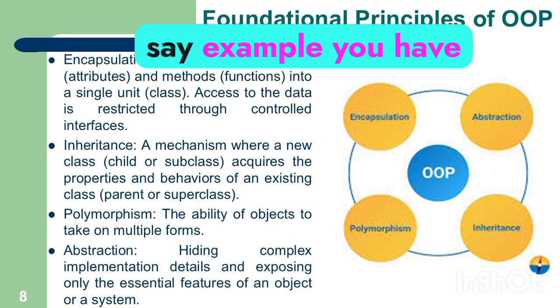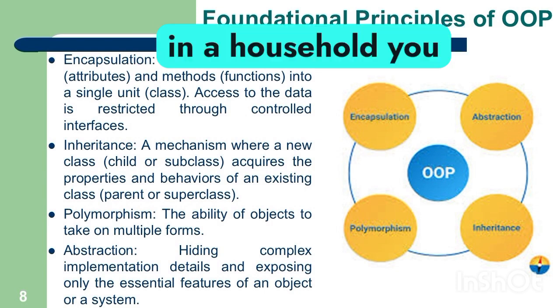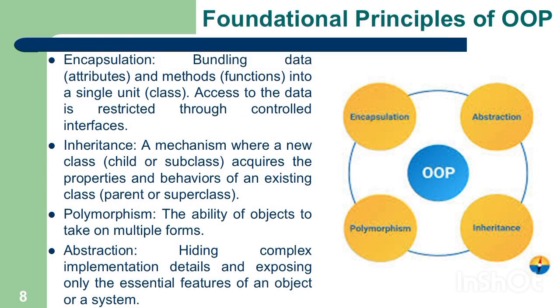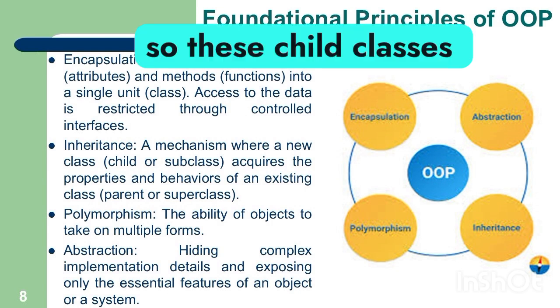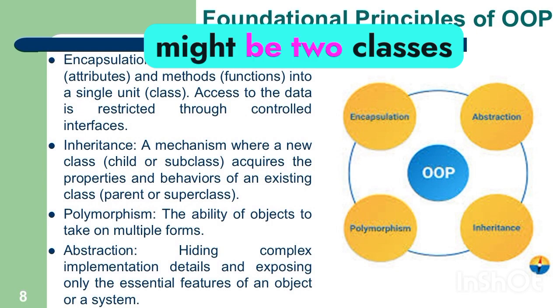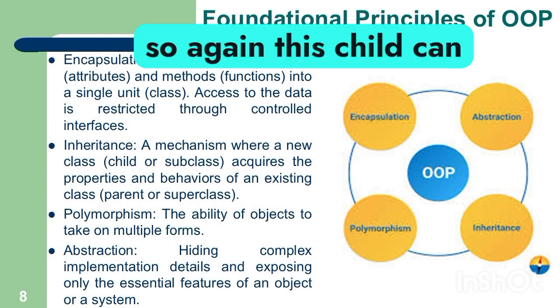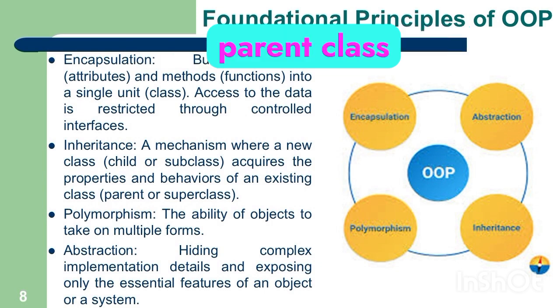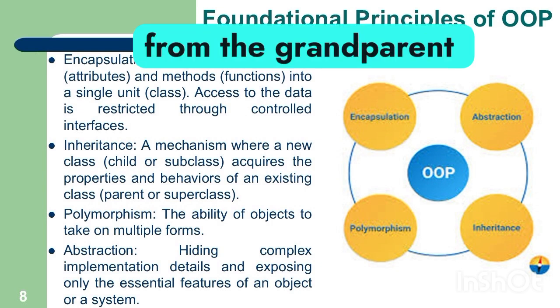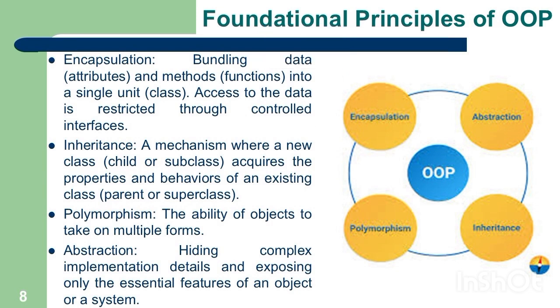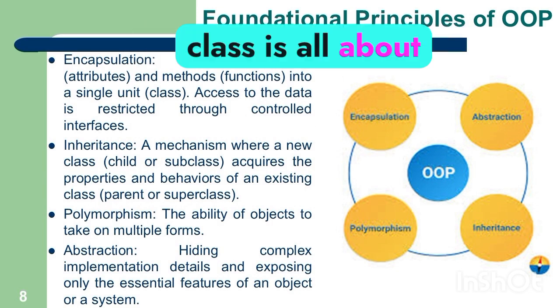For example, in a household, you have a grandparent, a parent, and a child. So this child can inherit from the parent class and can also inherit from the grandparent class. That is what multi-level inheritance is all about.